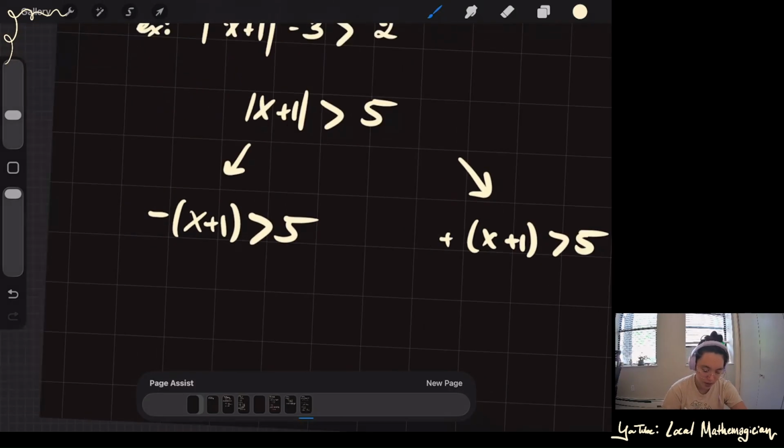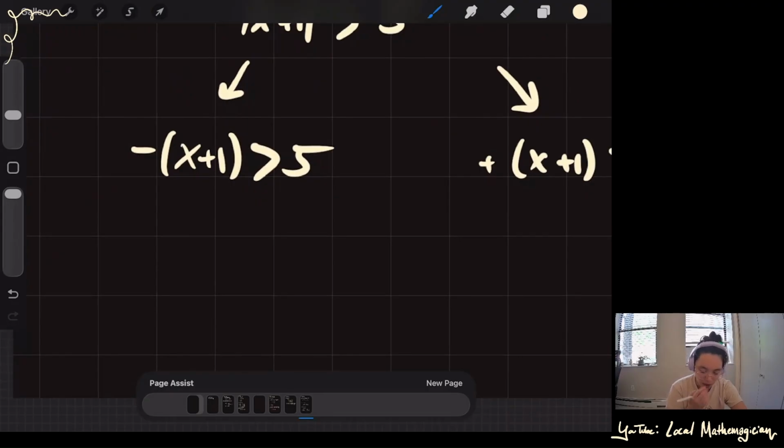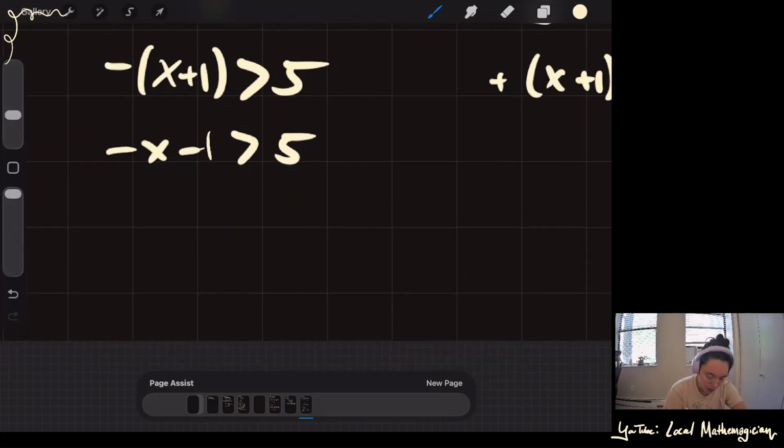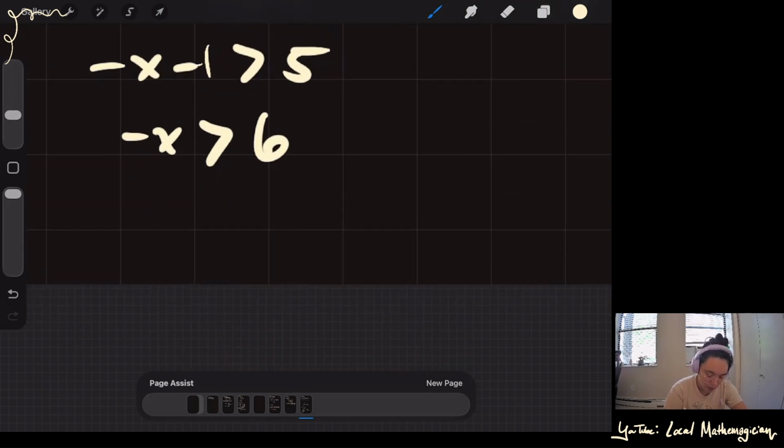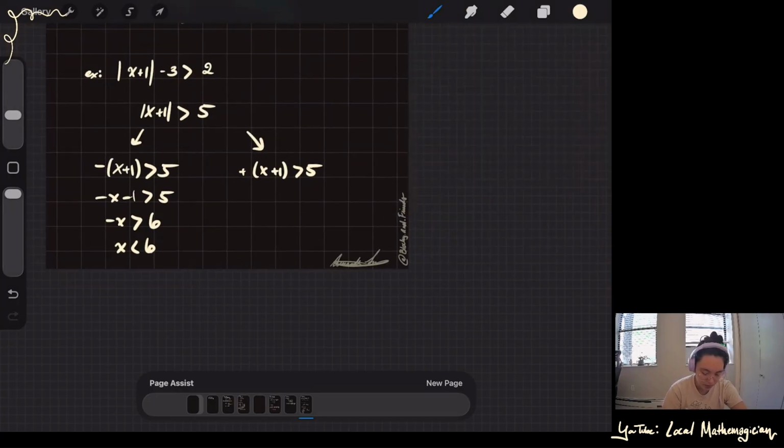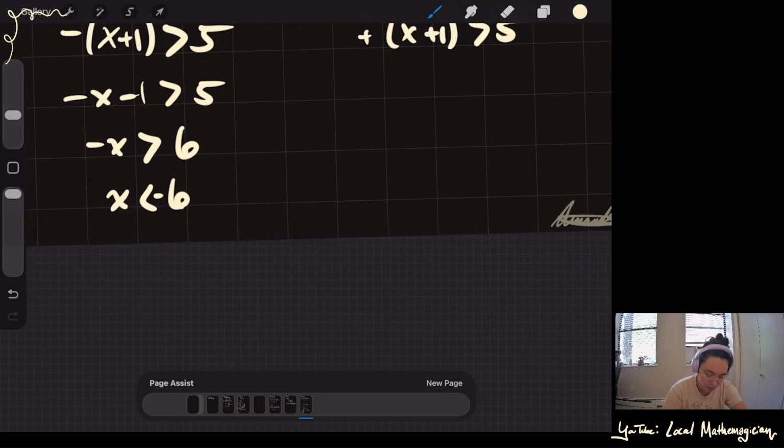And you work this out, you get negative x minus 1. You can also divide by negative and swap the sign, that's fine, I don't really care. Is greater than 5. Add 1 to both sides, negative x is greater than 6. X divided by negative 1, x is less than 6. Sorry, negative 6, my bad.